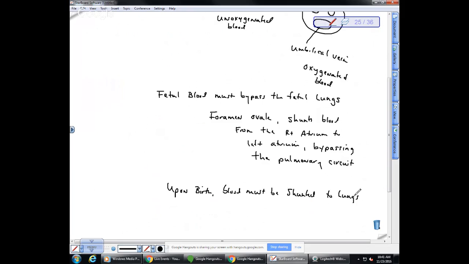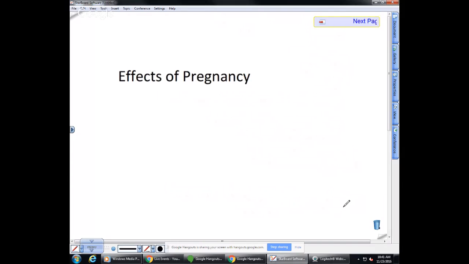So we hope that the flap covers over the foramen ovale, and we close the foramen ovale. Okay, so it's a little bit more complicated than that, but that's what you need to know for the final.